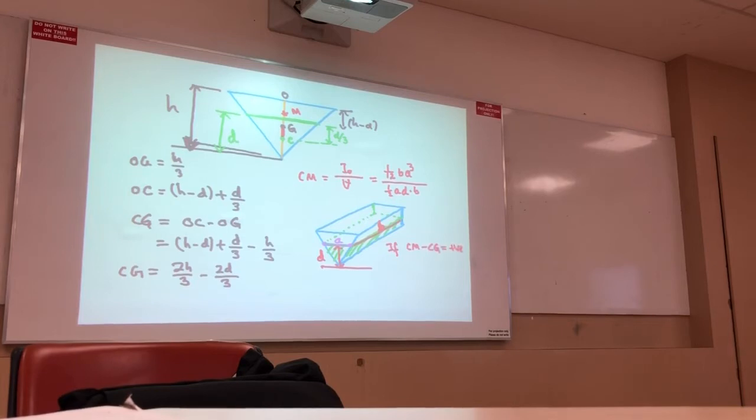The system is stable. Secondly, if CM minus CG is any negative value, so the system is not stable, right?